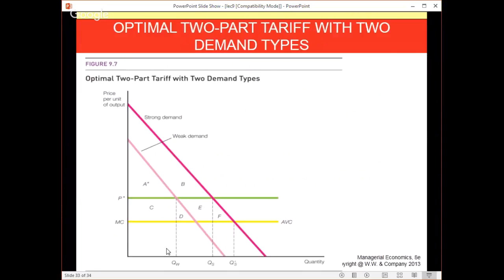Okay. So here we go. Here's our graph. This is strong demand. This is weak demand. If strong demand is a lot stronger than weak demand, what's the entry fee?